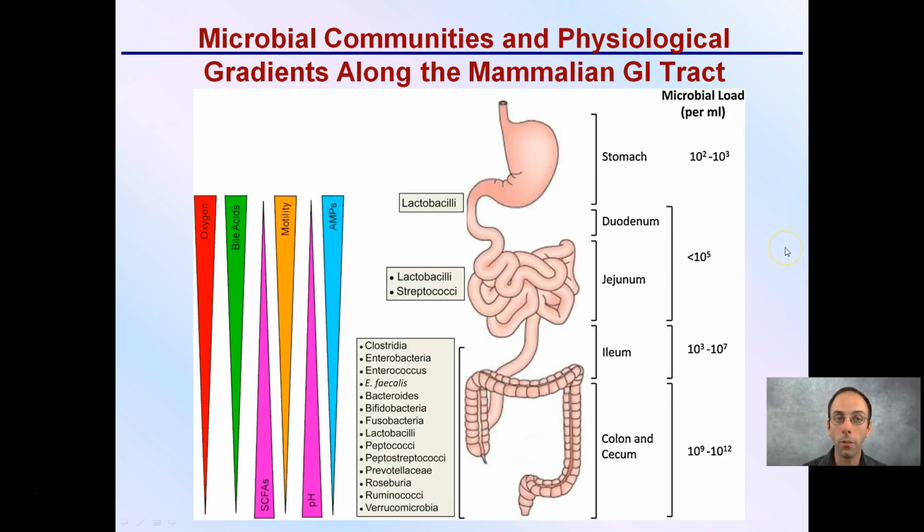Lastly, we have the microbial communities and physiological gradients along the mammalian GI tract. You can see here in the stomach, the duodenum, jejunum, ileum, and colon and rectum, what our microbe load is, and this is in scientific notation. Some of the actual bacteria that are living in different regions, and also the oxygen concentration and pH.